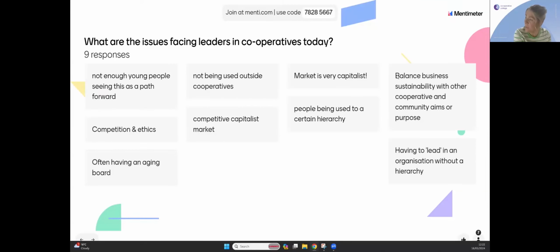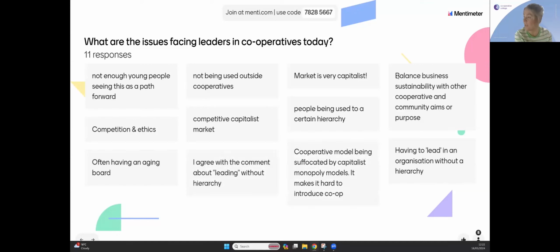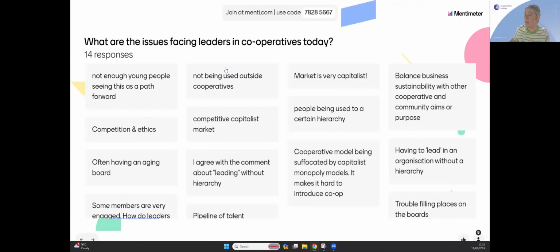Balance business sustainability with other cooperative and community aims or purpose. Yeah, that's a really good point about the community side as well. Cooperative model being suffocated by capitalist monopoly models, it makes it hard to introduce co-ops. Absolutely, I completely agree with that.